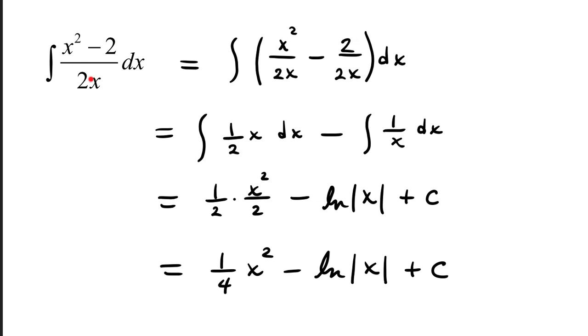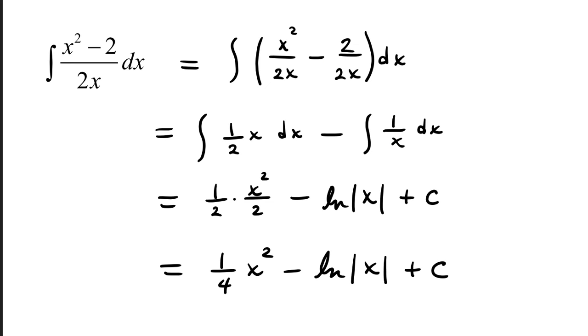Specifically for this one, x squared over 2x minus 2 over 2x dx. And over to the right, all I've done is split the numerator up and left the common denominator underneath each fraction. Simplifying, x squared over 2x is x over 2, or 1/2 x, minus the second fraction, the 2's cancel, and that leaves 1 over x.